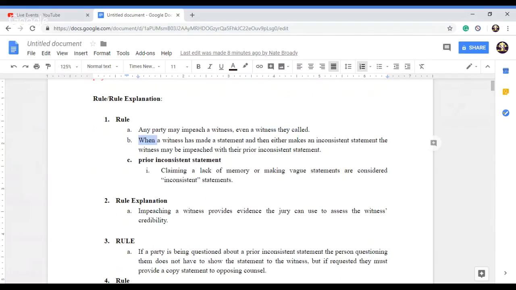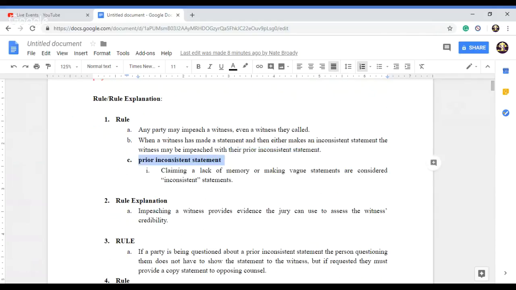This is the second sentence: if a witness has made a statement and then makes an inconsistent statement, the witness may be impeached with the prior inconsistent statement. All of this is the rule, A and B. Again, I haven't changed any of the wording. I just separated the two sentences.